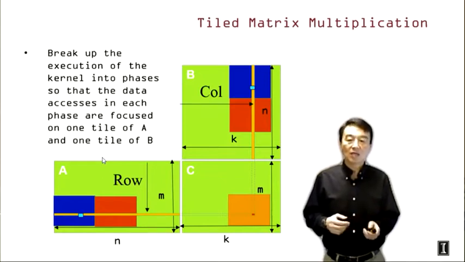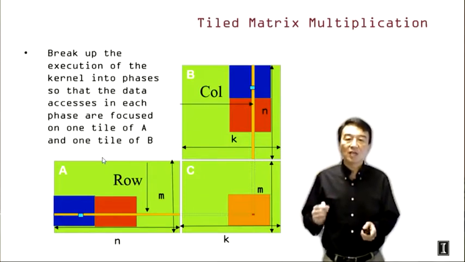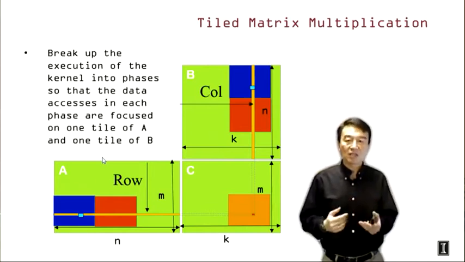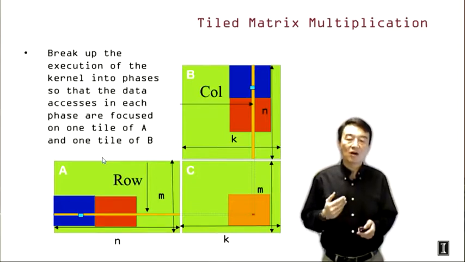Then we can focus on a small portion of the strip of A and a small portion of the strip of B during every phase of the execution. This is going to be the basis of our algorithm in this lecture.